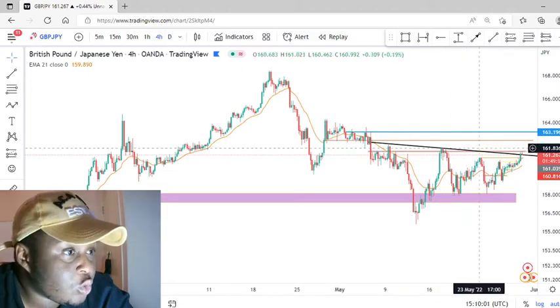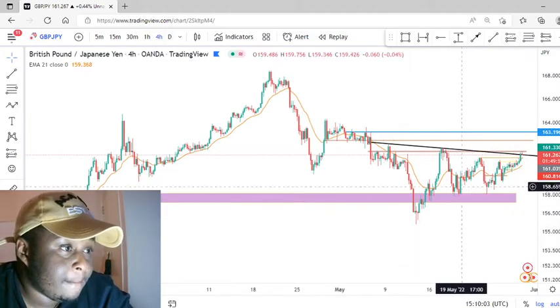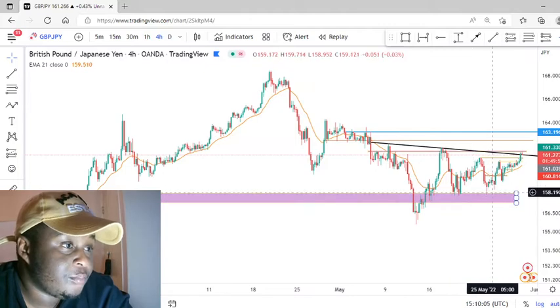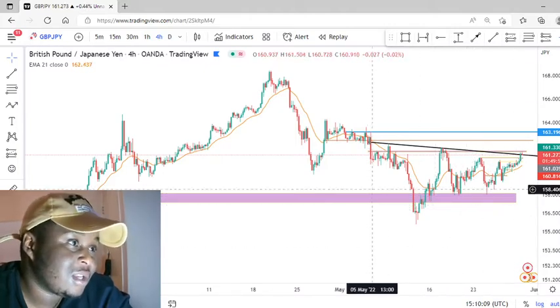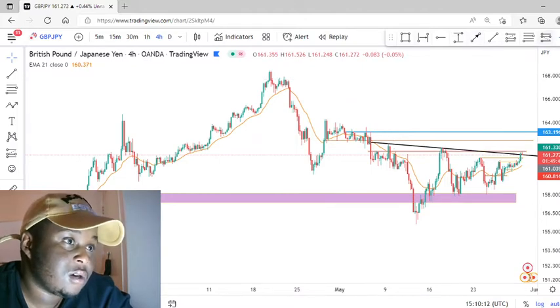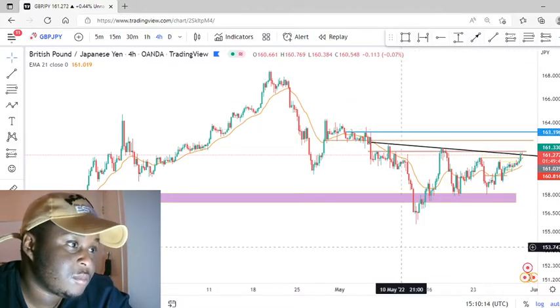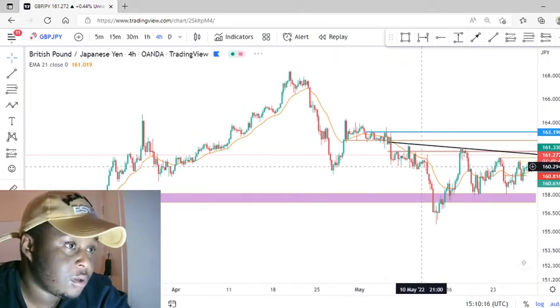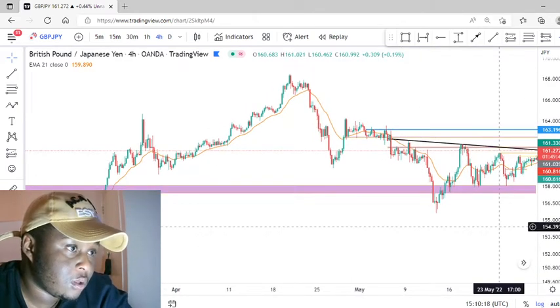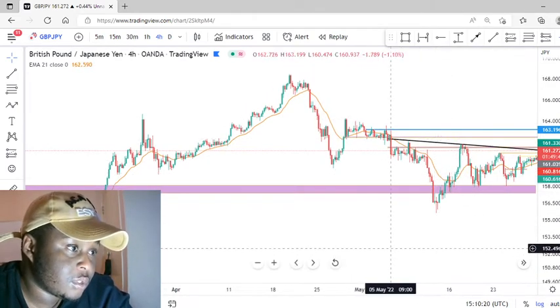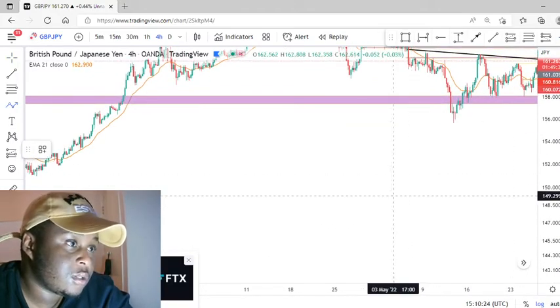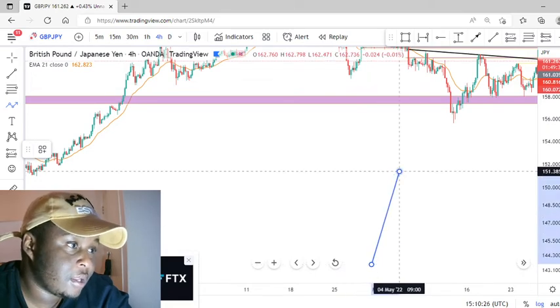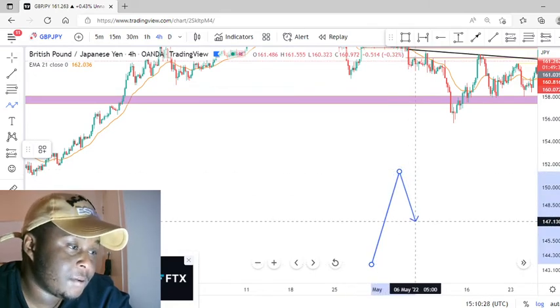It tested this zone twice, as you can see here and here, for a double bottom formation in a trending market, right? Something like this. Let me just move it down here. Just like this.